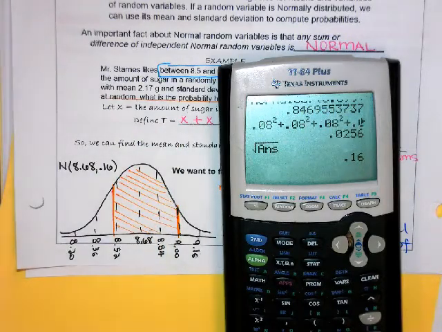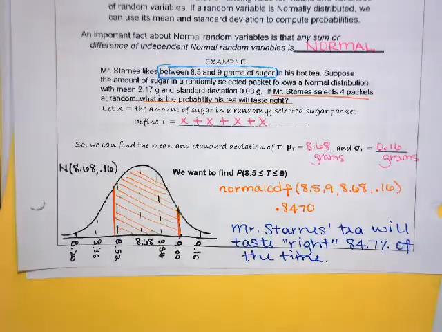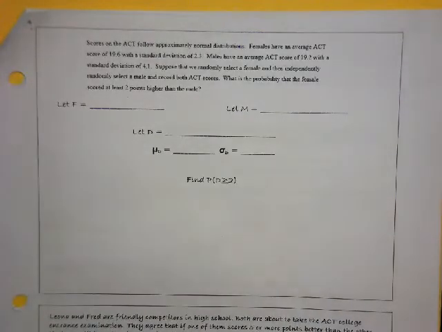No. All right, now we're going to look at a subtraction problem. Scores on the ACT follow approximately normal distributions. Females have an average ACT score of 19.6 with a standard deviation of 2.3.